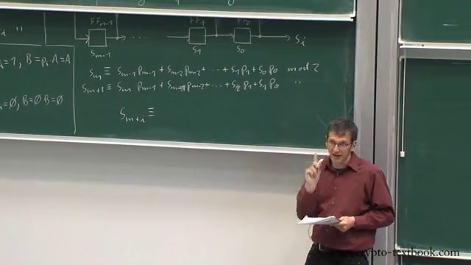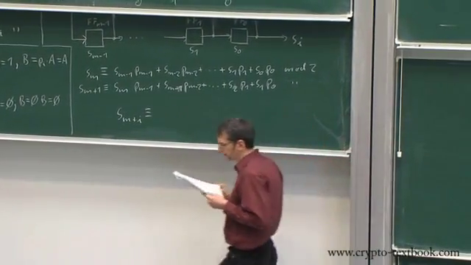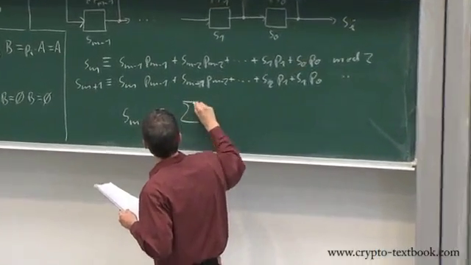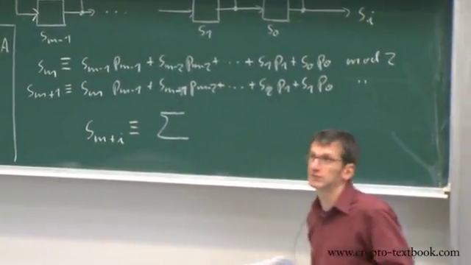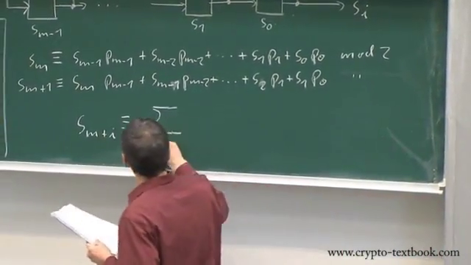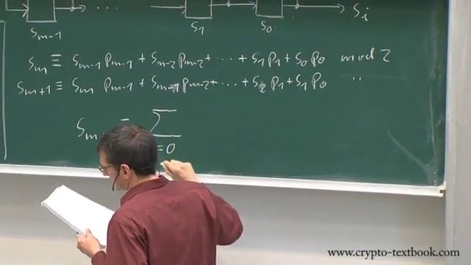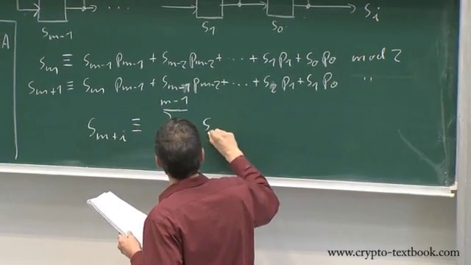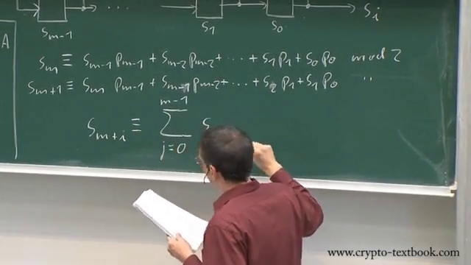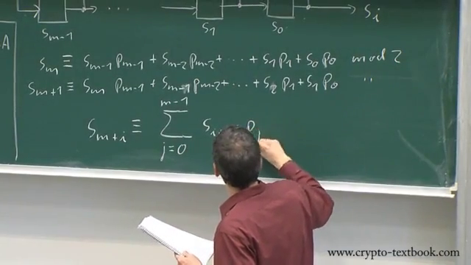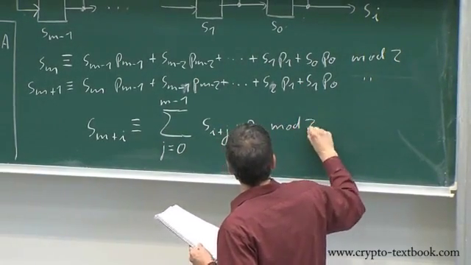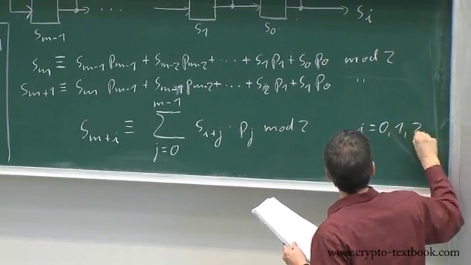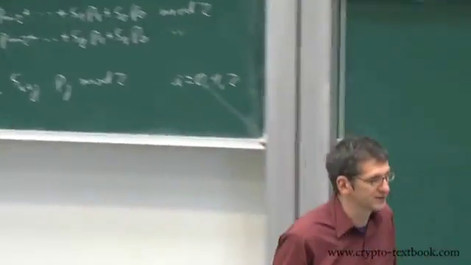That means now you get a formula for any output bit. Any output bit S sub m plus 1 is the summation symbol where you run from j equals 0 to m minus 1, Si plus j times pj mod 2, and i runs from 0, 1, 2, 3.